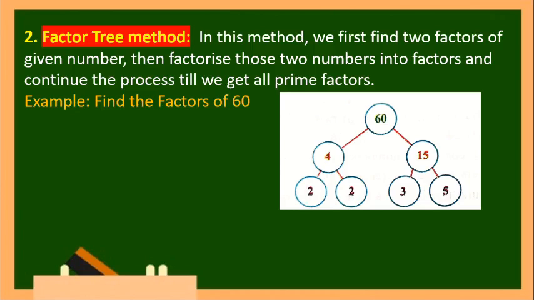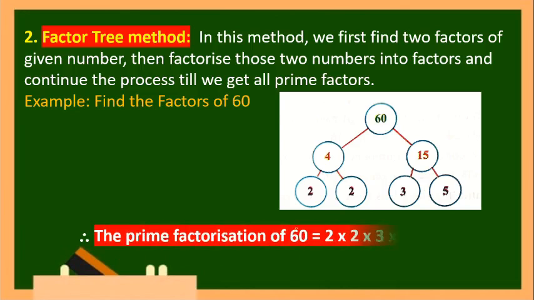In the same way, 15 is factorized as 3 into 5. Will any more factors come? No, so these are the prime factors. So what is the prime factorization of 60 by this method? 2 into 2 into 3 into 5. So this way we find factors by the factor tree method.